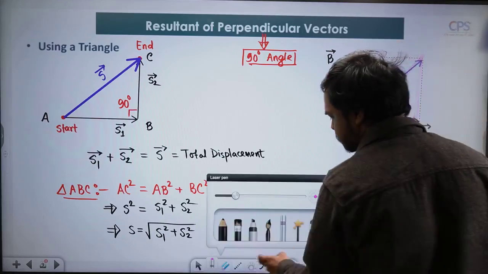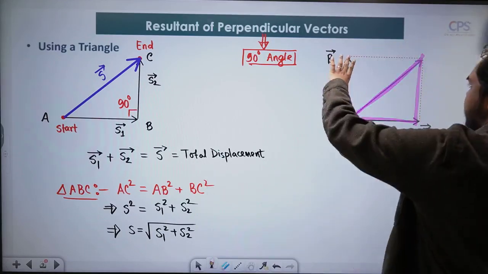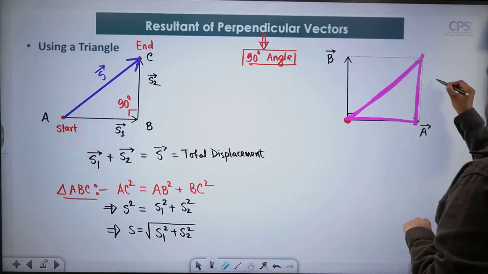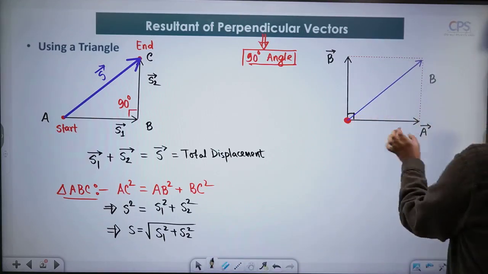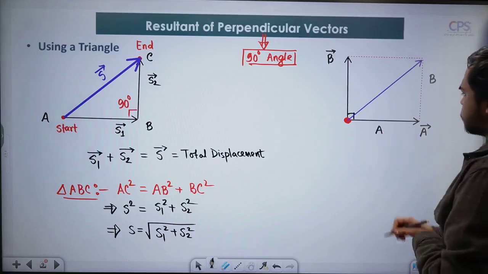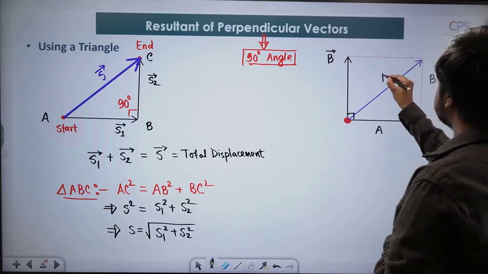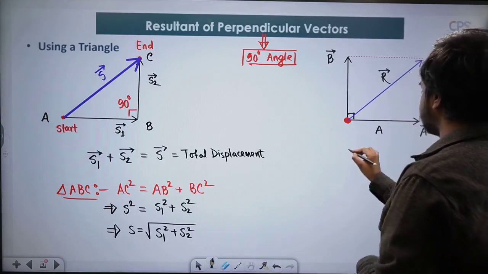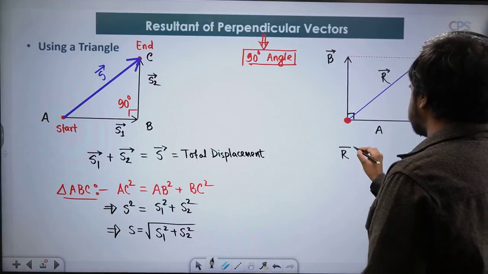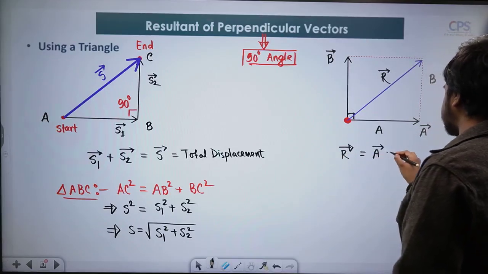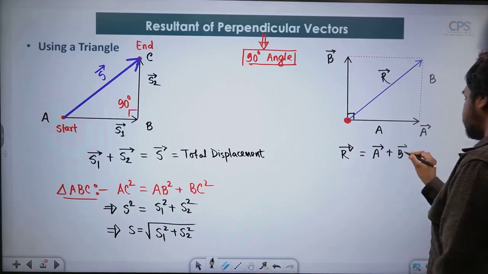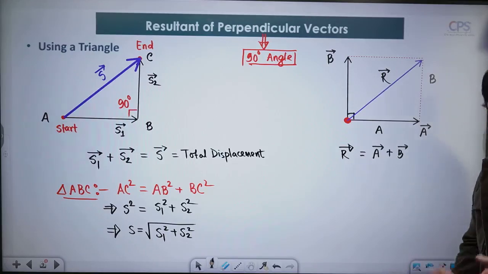And what are those values? See, if this is B, this is also B. If this is A, this value is A. And let's say this is the R vector, the resultant. R vector means A plus B. This is the notation of the resultant, right? The notational equation.